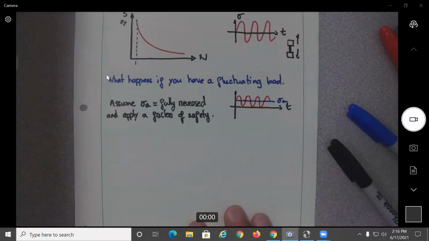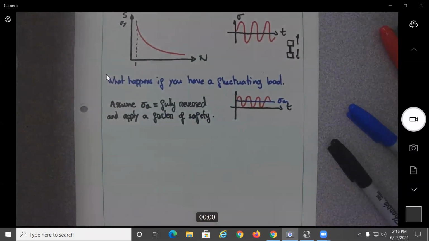So this is funny, but again, mechanical engineers don't do that often, but if you go to the aerospace industry, there's this book called the FAR, Federal Aviation Regulations.